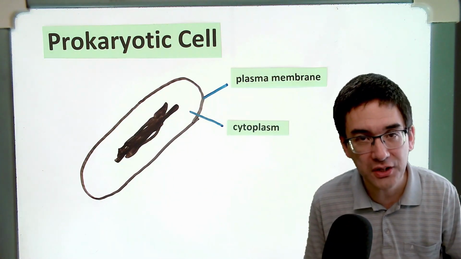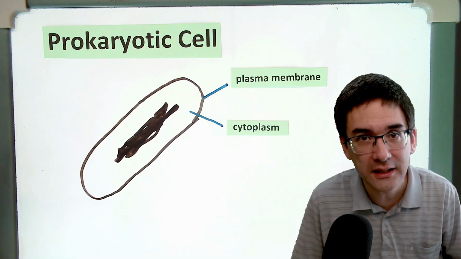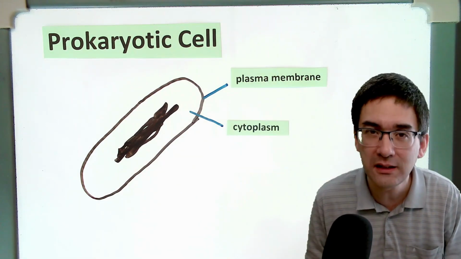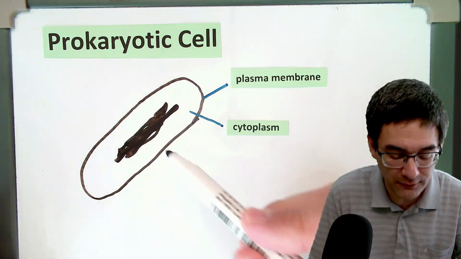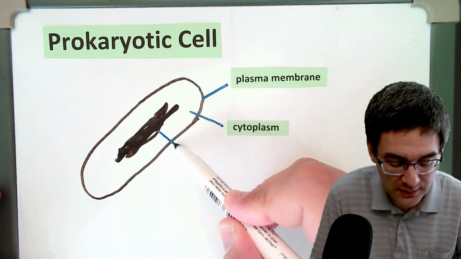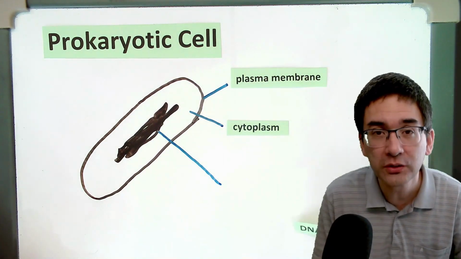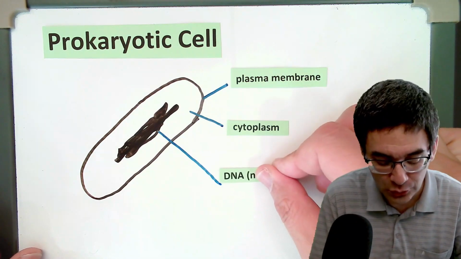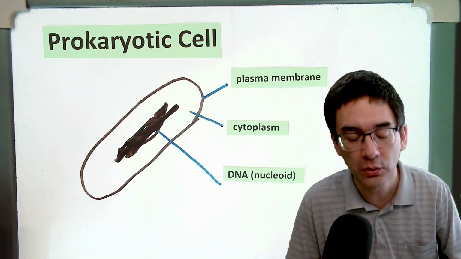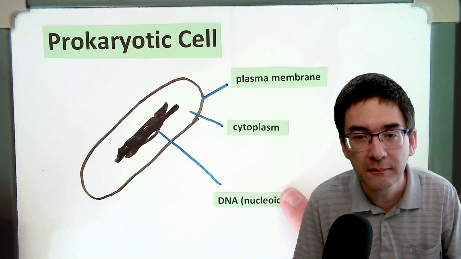Because it is not inside a nucleus, we still need a name for the region where it can be found. So I'm going to make a labeling line here, and this region where it's found is called the nucleoid. So not nucleus, but nucleoid. In the nucleoid, that is actually DNA.